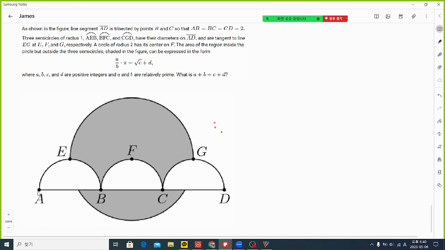So the diameter of each hemisphere is 2.